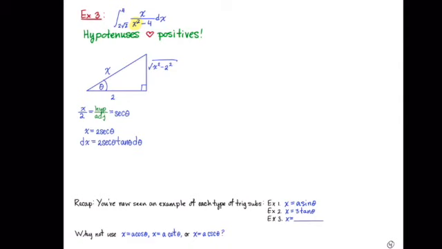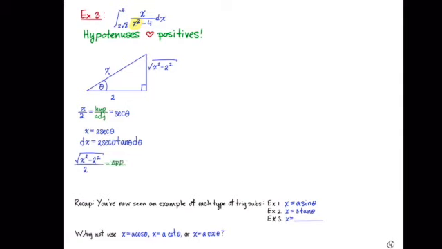So when you get down to that scenario, just do a quick check, make sure you substituted in for your dx. And now we need to figure out what to sub in for the square root of x squared minus 2 squared. So for that substitution, we're looking for what trig relationship lets us relate the square root part and the 2. The square root part is the opposite leg.